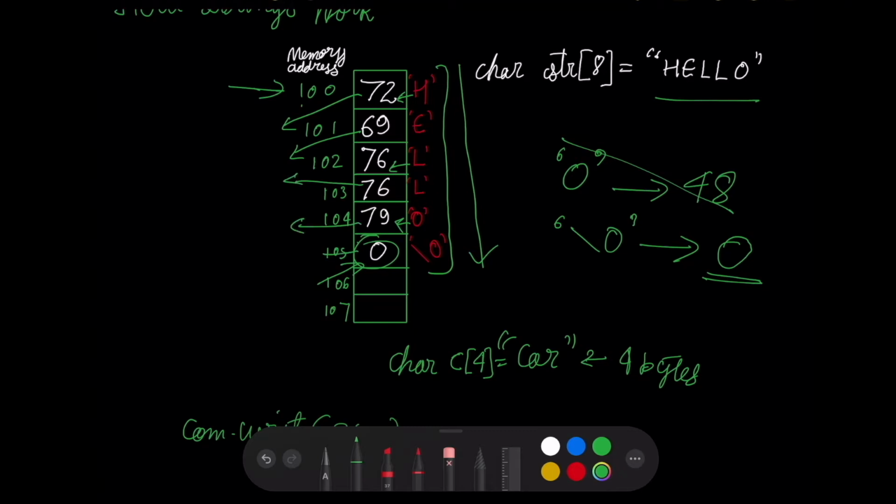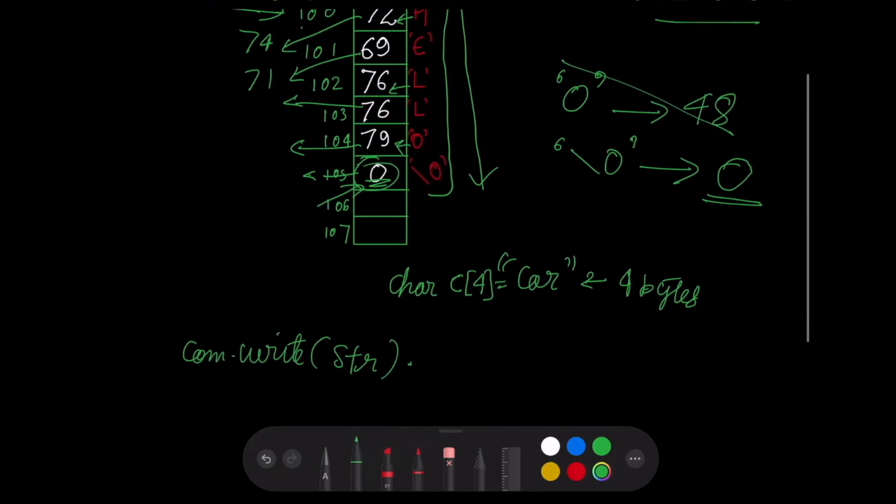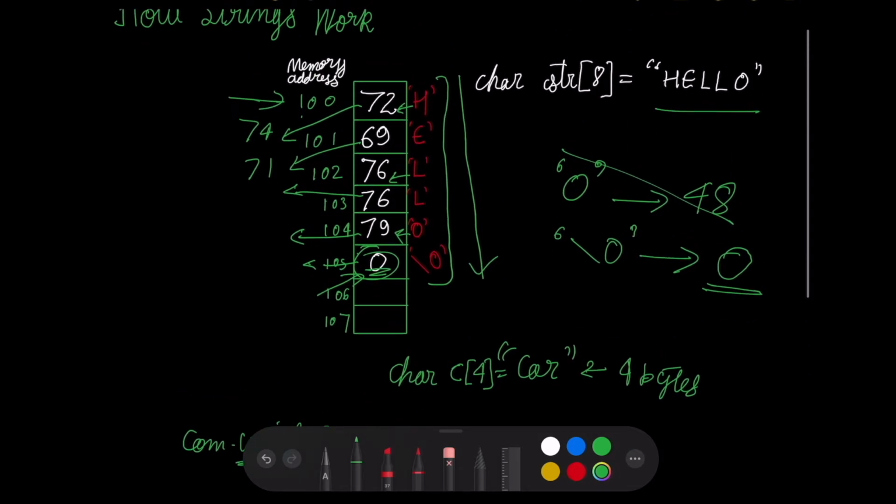Let's say 72 becomes 74, 69 becomes 71, if the shared secret was, let's say, 2, and we shift all of these, but we will not tamper with this 0, because if we tamper with this 0, our com.write function will have no way to understand where our string ends. Don't worry if you didn't understand this, we will see this in code. Okay, so I hope now you understand how strings work.